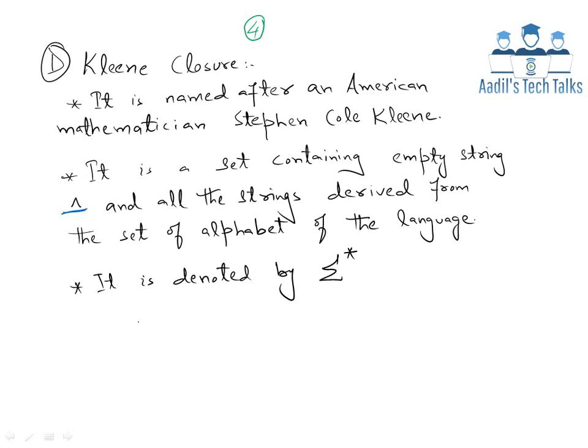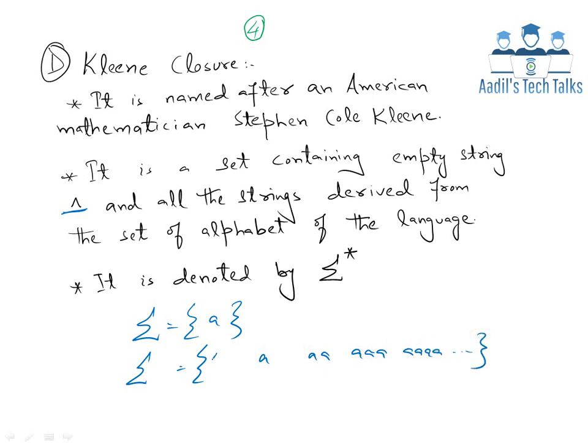Now please consider this example: sigma equals a. Now all the words over sigma are a, 2 times a, then 3 times, then 4 times, and so on.